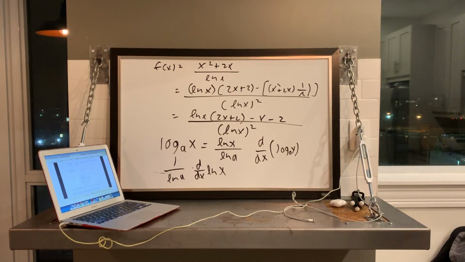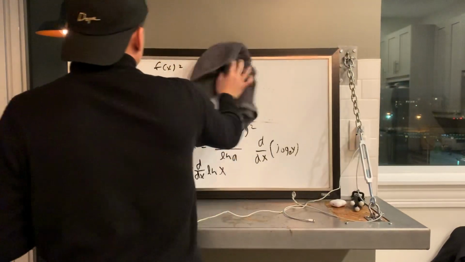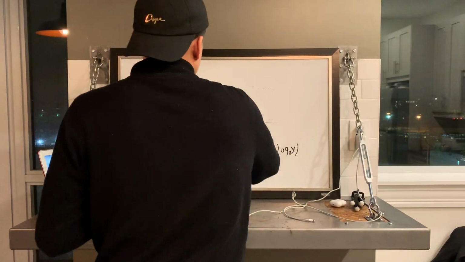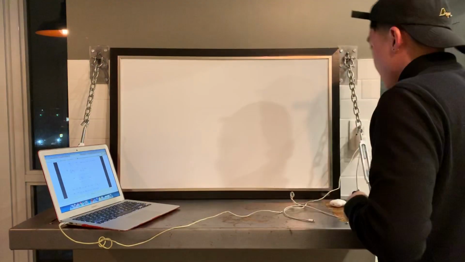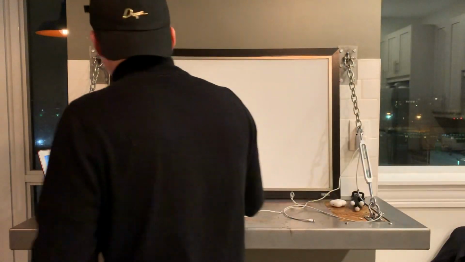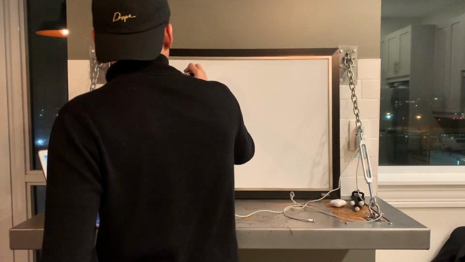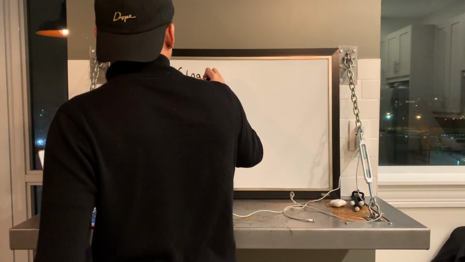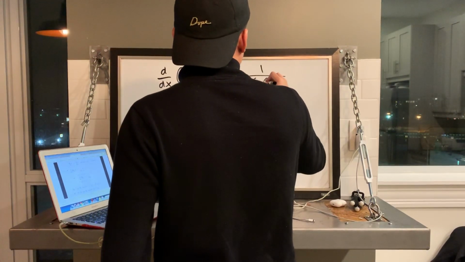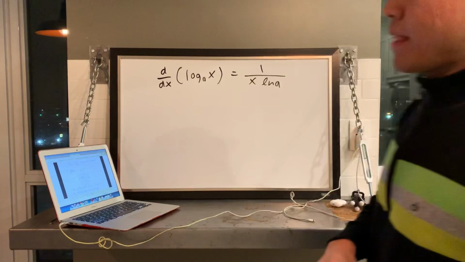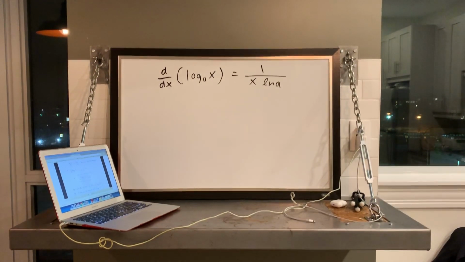Formally, for the notes, the derivative of log base a of x is equal to 1 over x ln a. That's it right there.